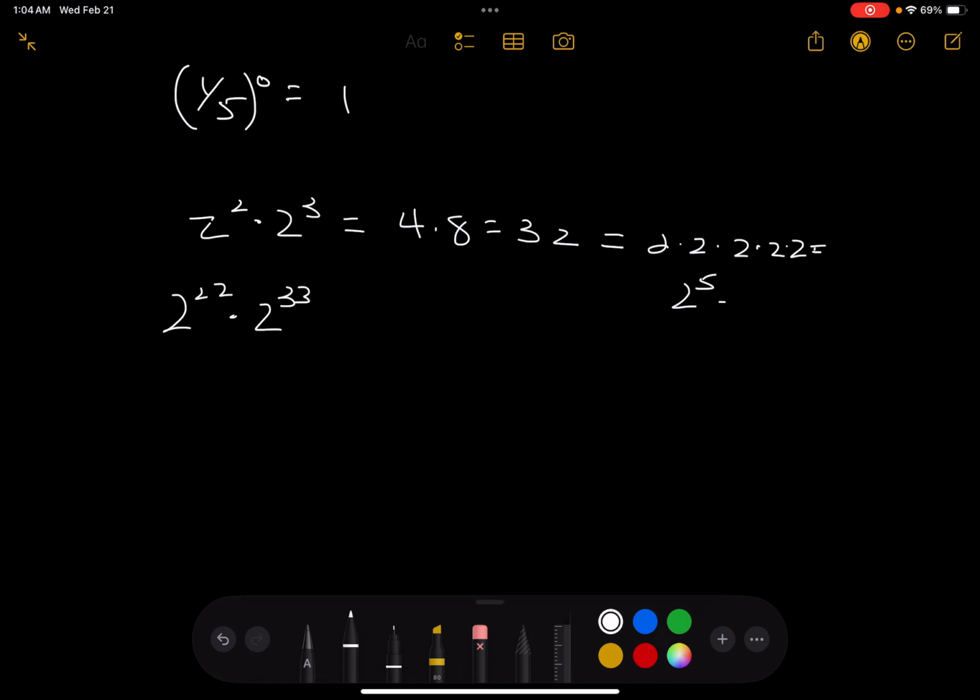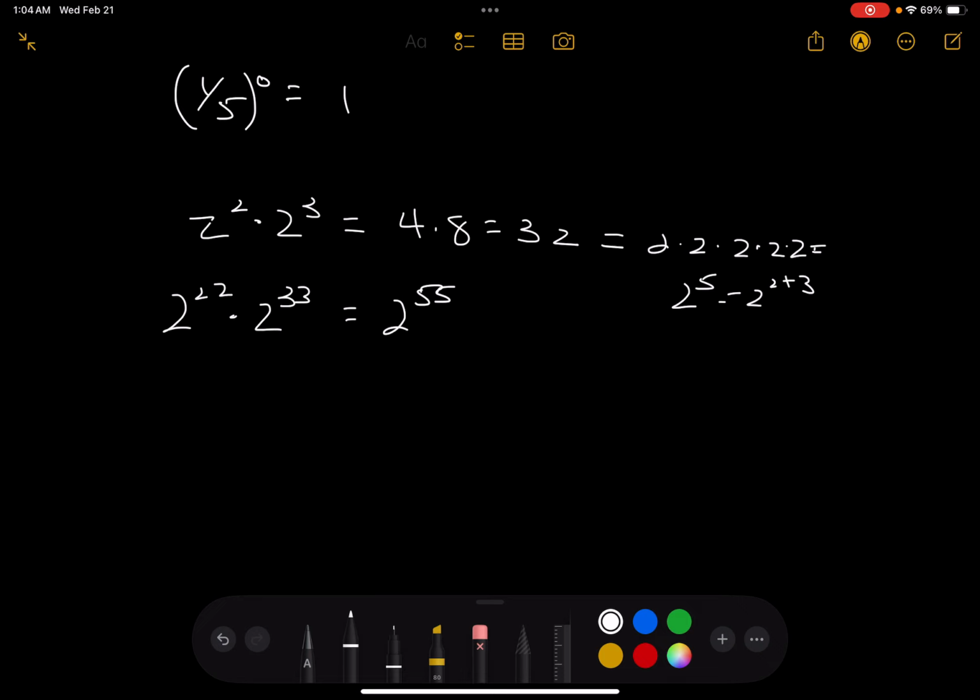This is the same thing as 2 to the 2 plus 3. So therefore, in this case, without having to evaluate, this is the same thing as 2 to the 55. So yes, we can convert if we have to, but at the same time, if we could just work with what's given to us, then it's usually easier to get to the answer.